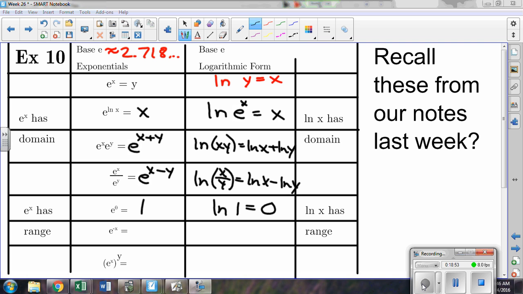Consider the negative exponent rule. How do we handle negative exponents? A negative exponent means 1 over e to the x. To write this in its logarithmic form, the natural log of 1 over e to the x would simply equal the opposite of x.